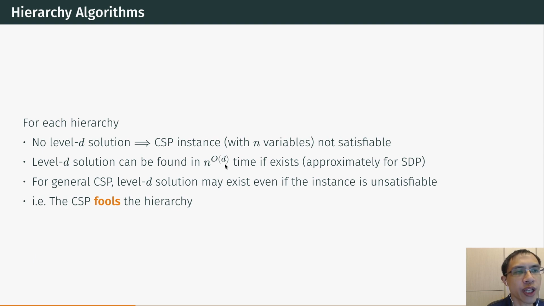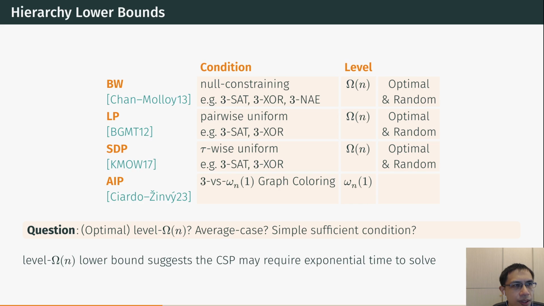So if we restrict ourselves to constant level hierarchy, this gives us a polynomial time certificate that a CSP instance is unsatisfiable. For a general CSP, even if an instance is unsatisfiable, a level d solution may exist, in which case we say that the CSP fools the hierarchy.